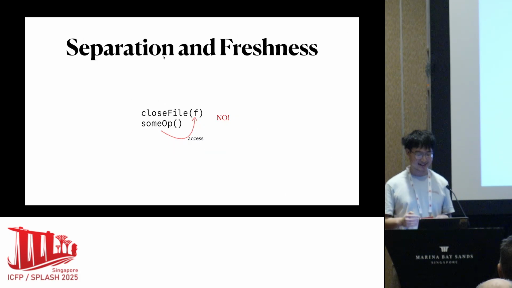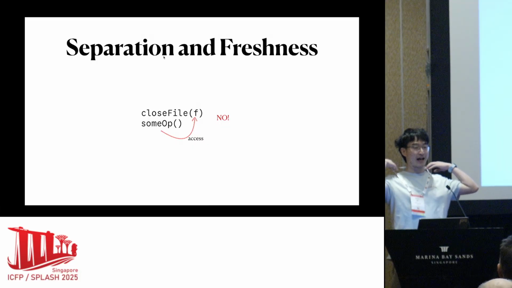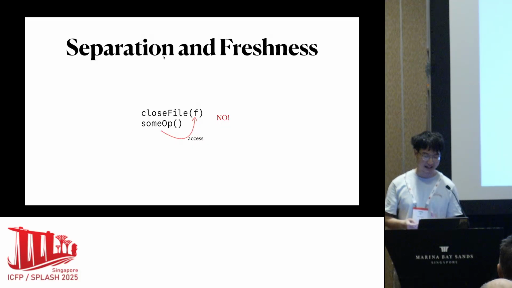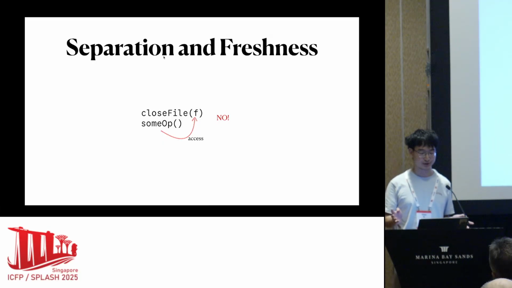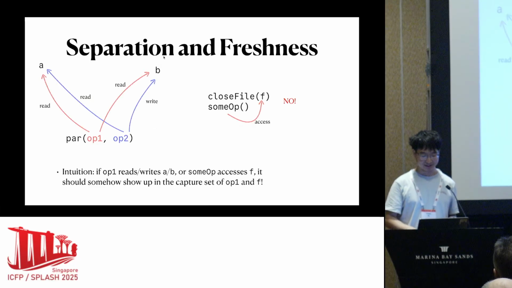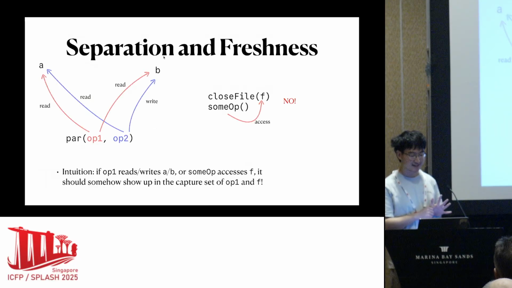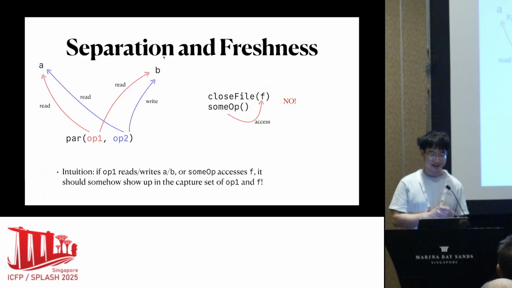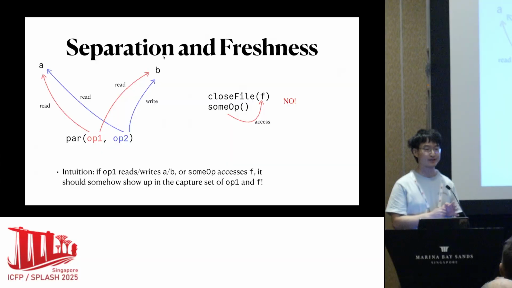And similarly, if we want to have the resource pattern, let's say F is a file, and we first close it, and then we run some operation that accesses that file, then it should also be a problem, because we are accessing a closed file. So for all these patterns, capturing types can help because we are essentially reasoning about the captured variables of these closures, operations and values.